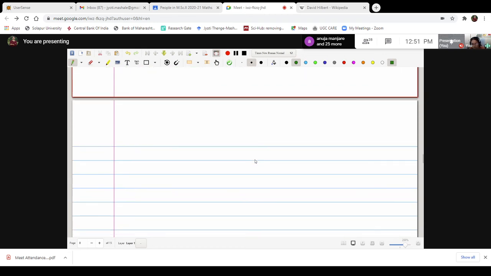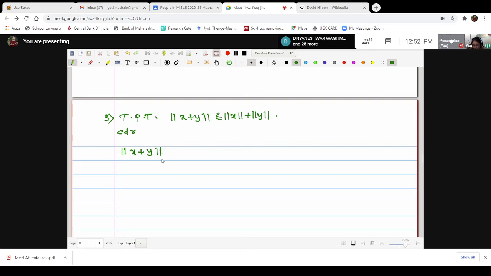Let me go for proving the third property, the triangular inequality: norm of x plus y is less than or equal to norm x plus norm of y. Let us start with the left hand side. Consider norm of x plus y. Norm of x plus y is the square root of an inner product, so let me start with the square.